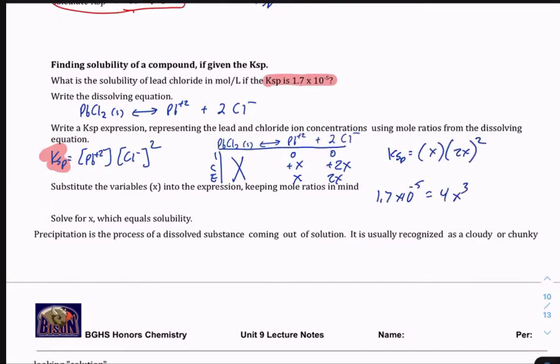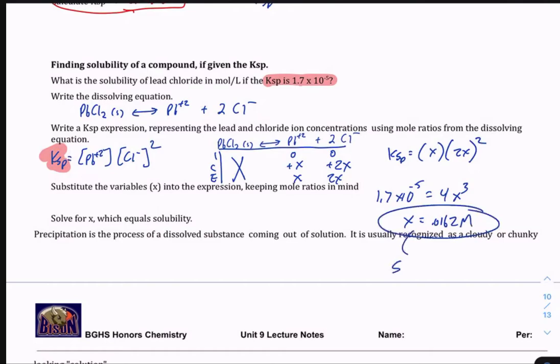You don't really need solver. I mean, you could use solver, it's fine, but you don't need it. We're just dividing both sides by 4 and then taking the cube root. And so x, we get 0.0162 molar.